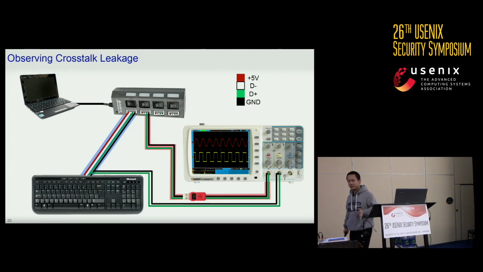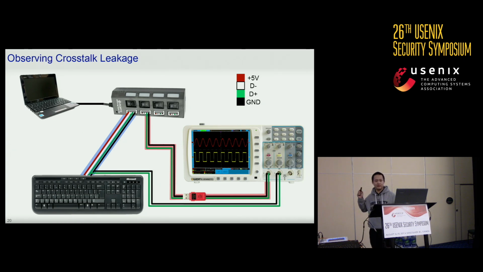Let's have a look at how it works schematically. Remember the red cable we used to capture the data line leakage in the previous demonstration. Now, we have a data line isolator inserted onto the red cable.